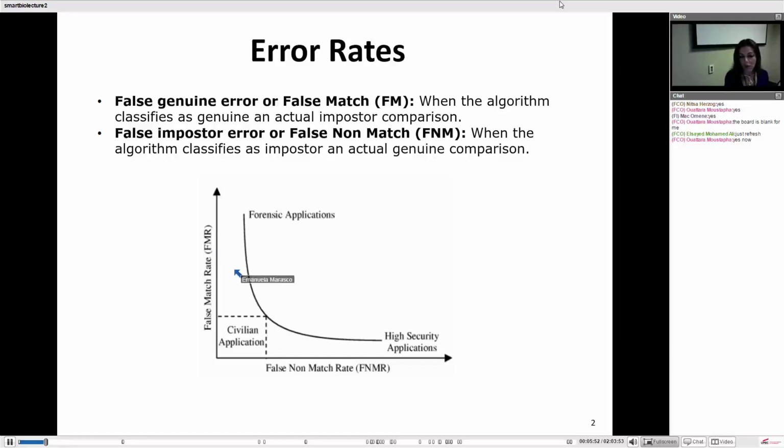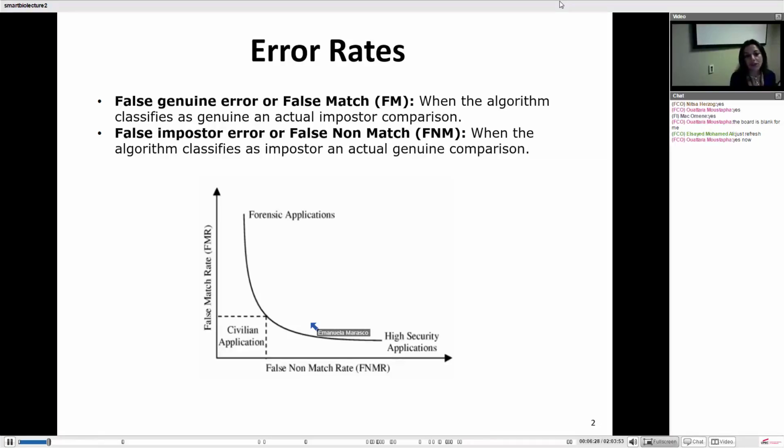If I want a low false match rate from the system, I am accepting a very small number of imposters, right? Then I need to set a threshold to have a specific false match rate. I need to set a threshold on my match score values. So in order to accept a low number of imposters, the threshold will be such that a very small number is accepted.